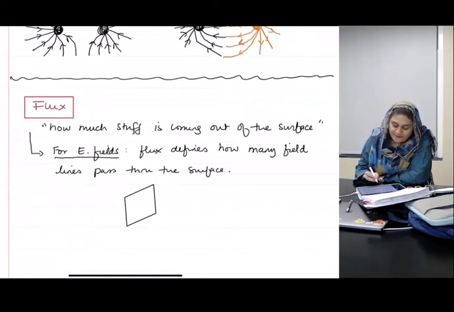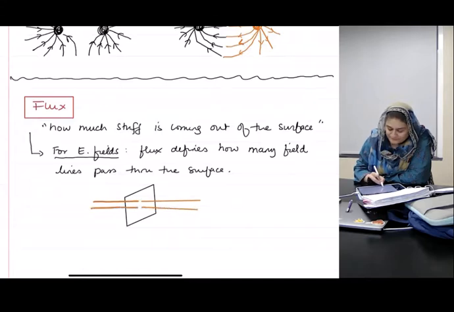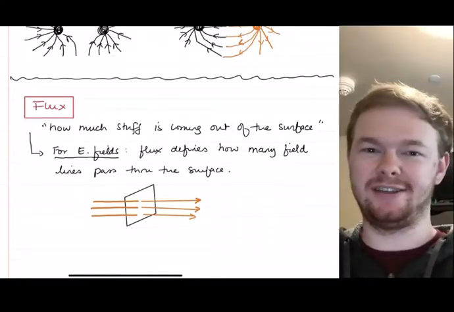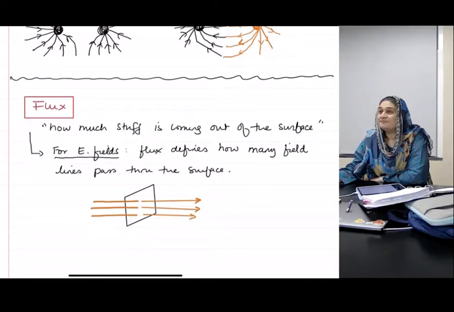If I have to define how many field lines pass through here, three, right? There are 3 field lines passing through the surface. How did you know that? There's 3 going in and 3 coming out. There we go. So what did you have to do?